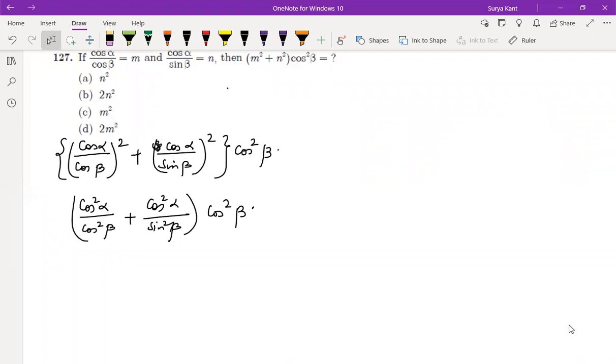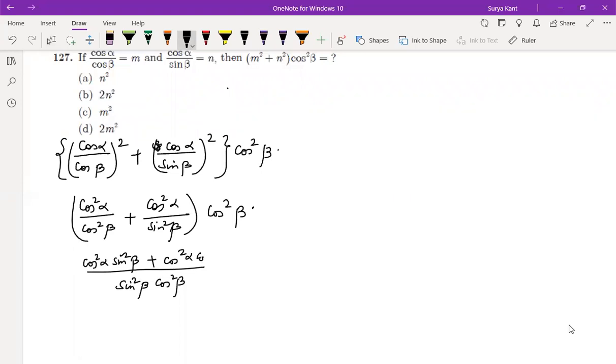How have we done it, Samarth? Sir, as we have found cos alpha by cos beta equals m and cos alpha by sin beta equals n, so m square equals cos square alpha by cos square beta, n square equals cos square alpha by sin square beta. Yes, you are doing correct.